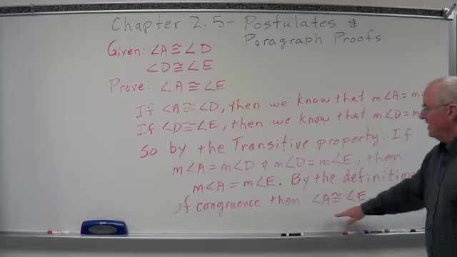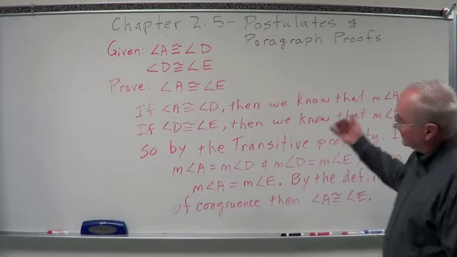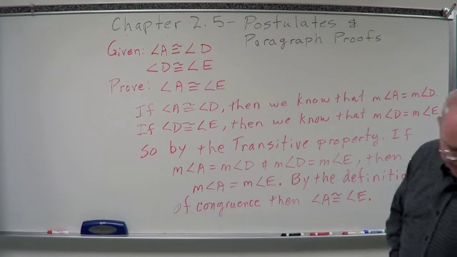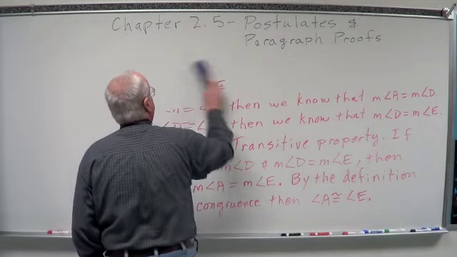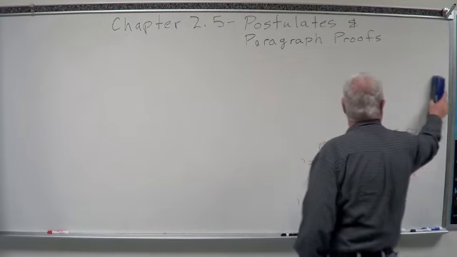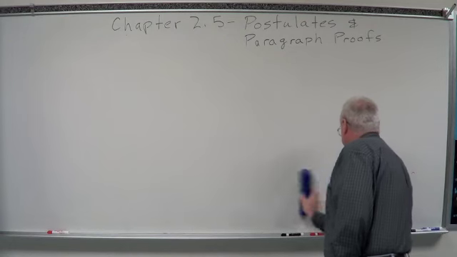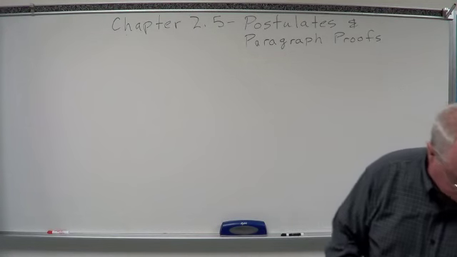Therefore, angle A is congruent to angle E. Okay? This is what a paragraph proof looks like. Let's take another. Okay? Because you've got some of these to do, homework, and these are some samples that are on some of the things that we passed out. So I'll let you look at them.